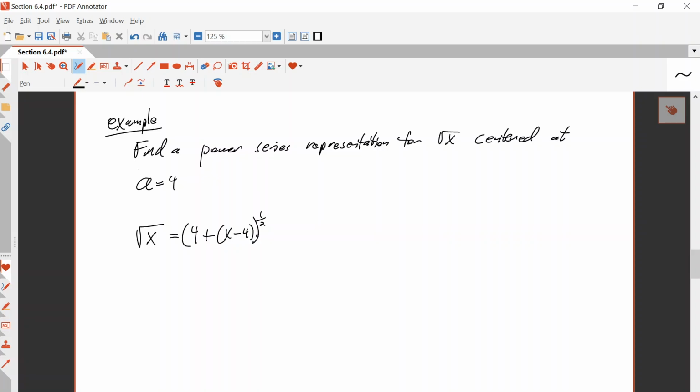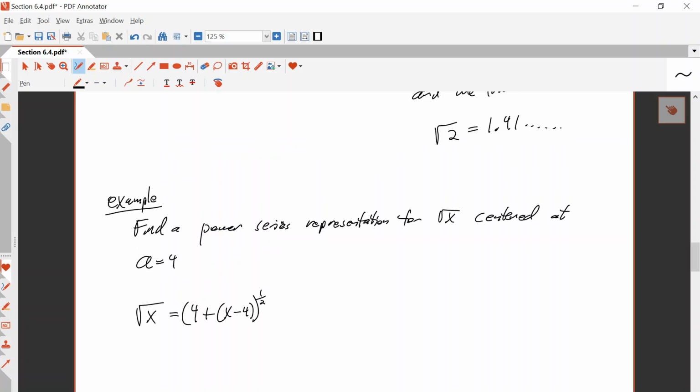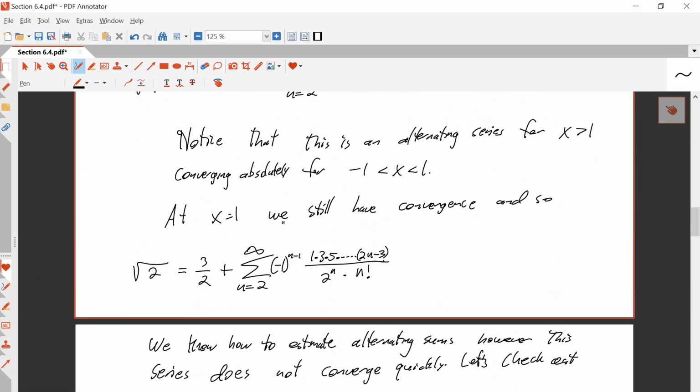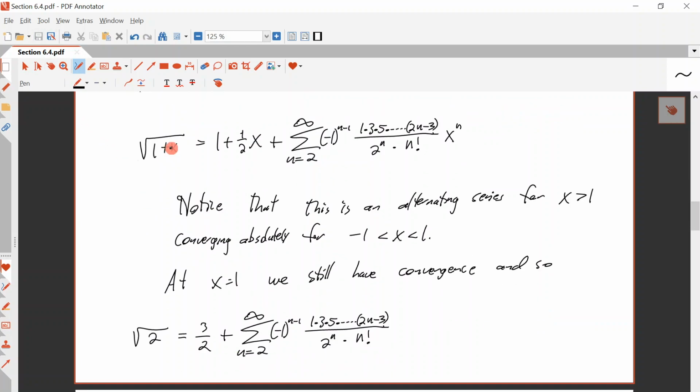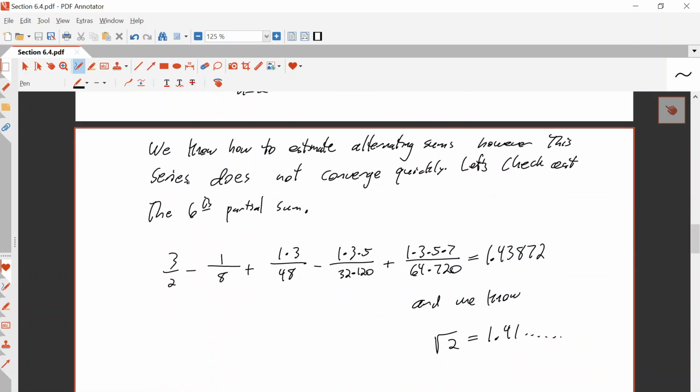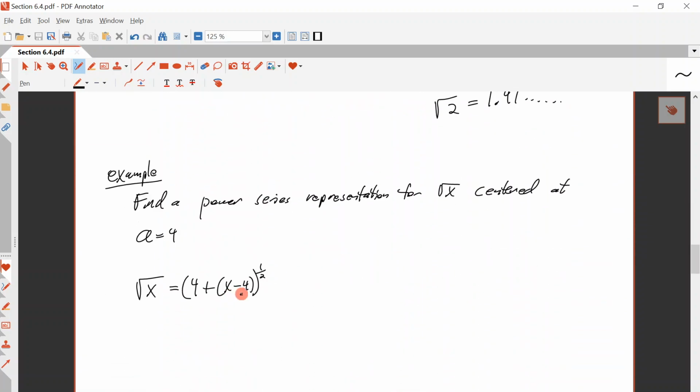So I want to mold it into this form here, 1 plus x to some power. It doesn't have to be x anymore. Since we want to center it at 4, we're looking for that number there to be a 4, x minus 4. So that's what I've got here: 4 plus x minus 4.